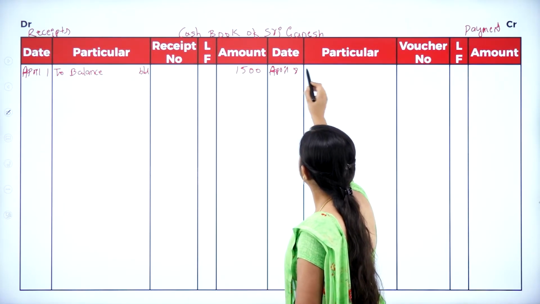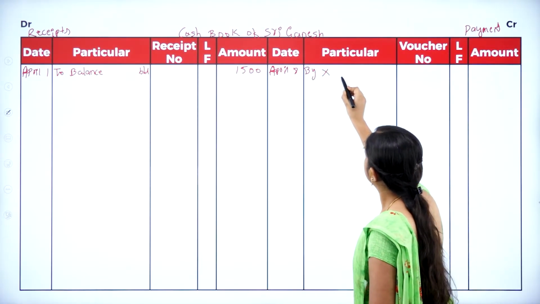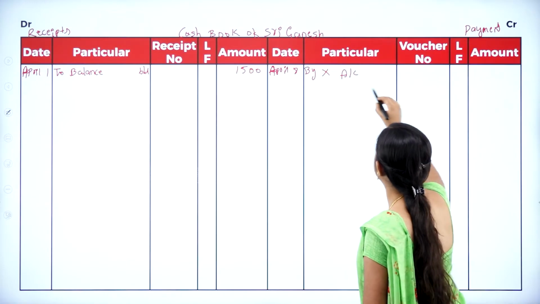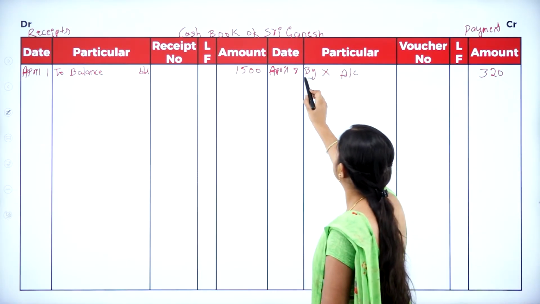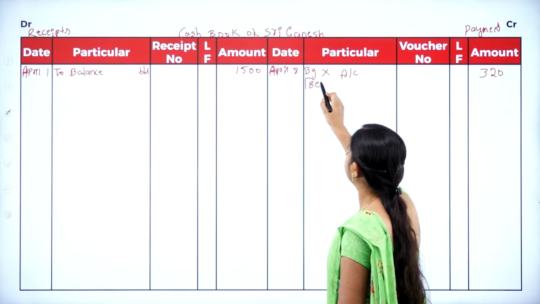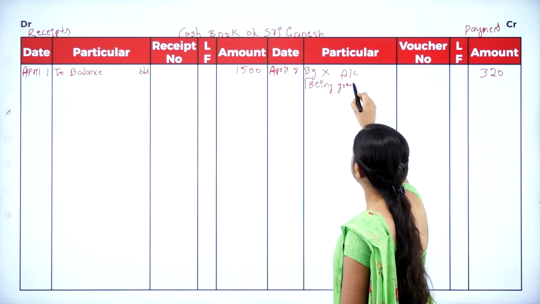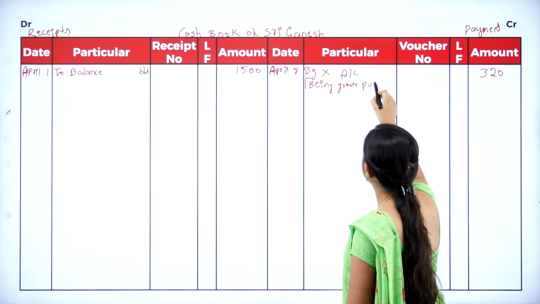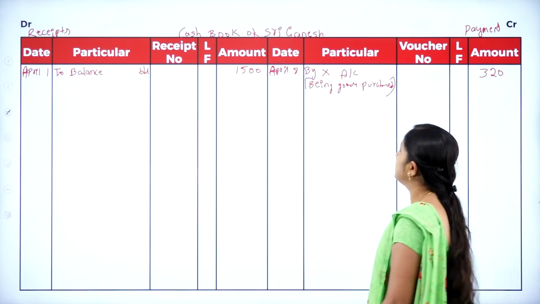April 8th, by X account rupees 320. Write the narration. Being goods purchased rupees 320.